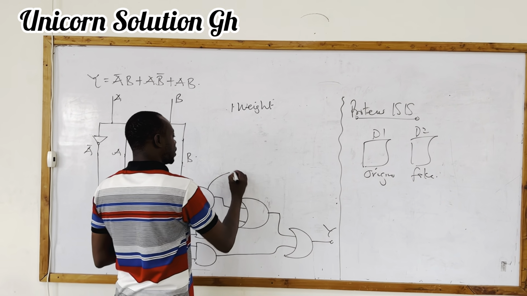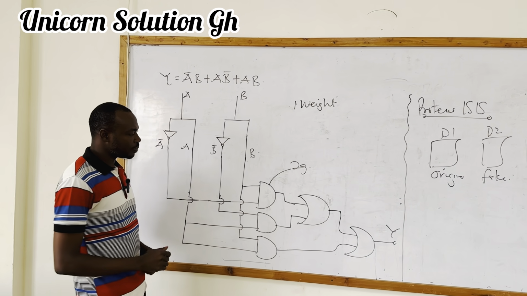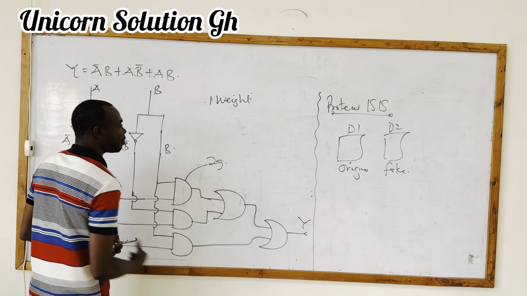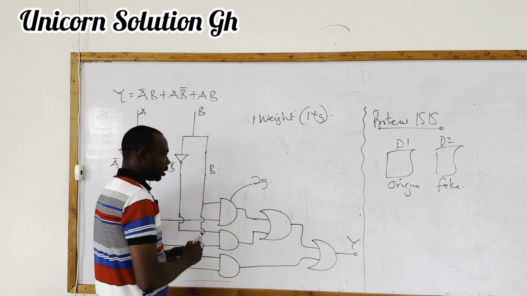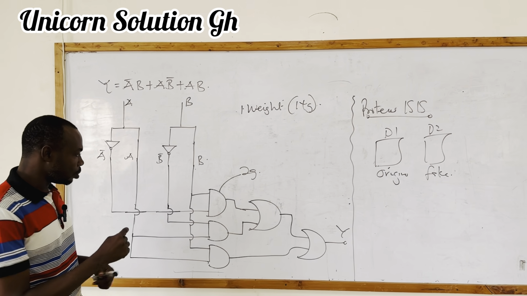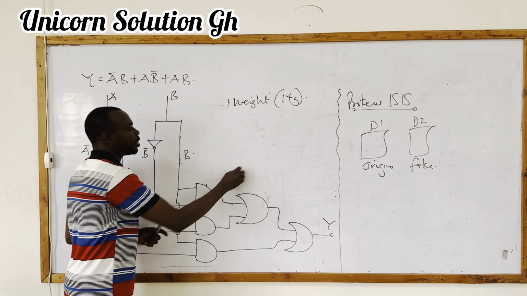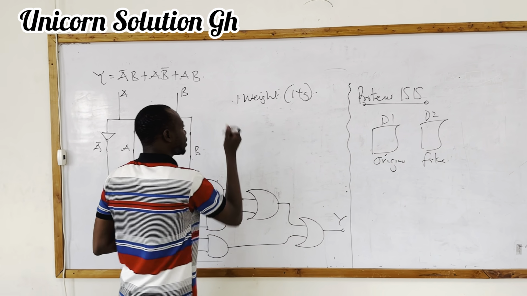Let's say one of them is 2 grams. Then 2 multiplied by 7 will rather give us 14 grams. We'll not go to the main idea of the IC yet. We'll go to that when I finish with the whole thing. So this whole thing will be weighing 14 grams.